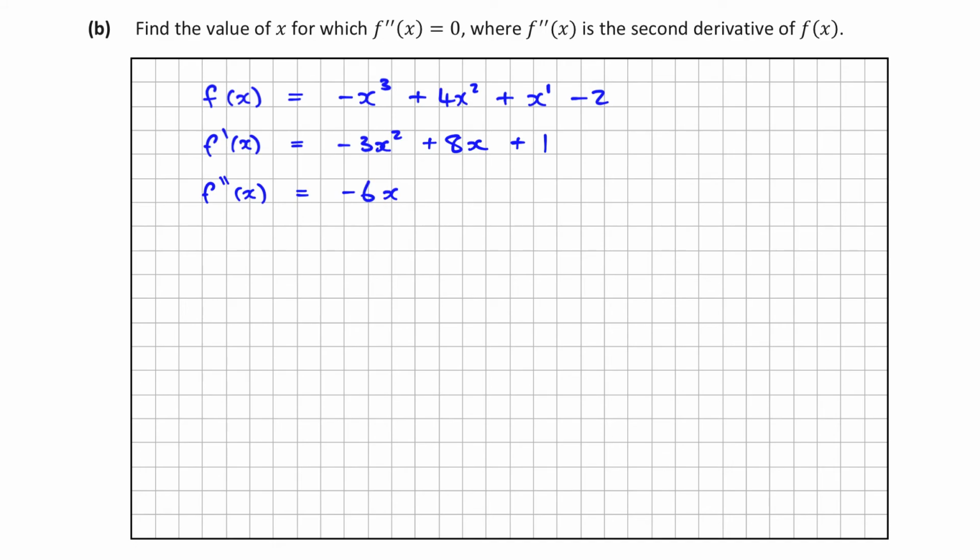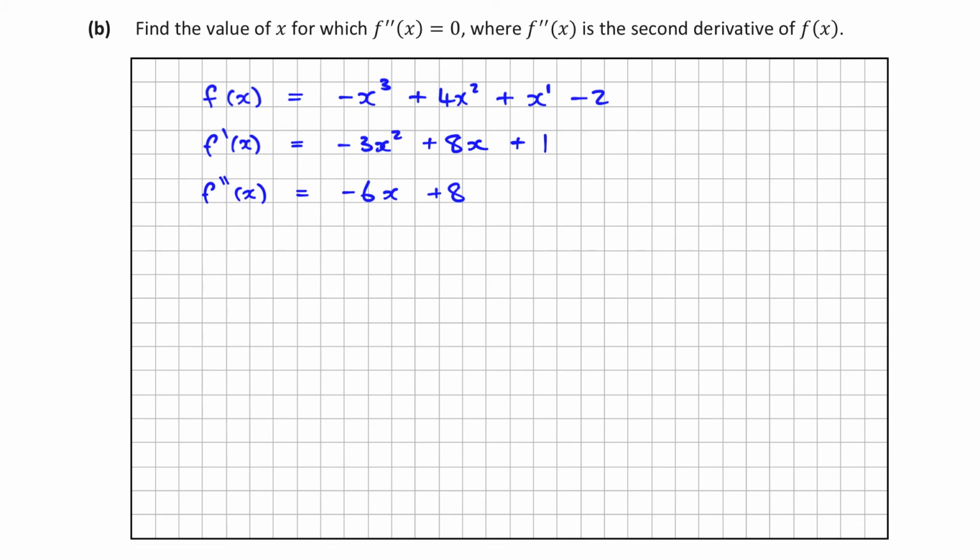Okay, plus 8x. So if I'm going to differentiate this 8x, that's the same as saying x to the power of 1. So if the 1 comes down, it'll be 1 times 8, which is 8, and it'll be x to the power of 0. But anything to the power of 0 just turns into 1. So it'll be 8 times 1, so I'll have 8. And again, my constant this time will just turn into 0.